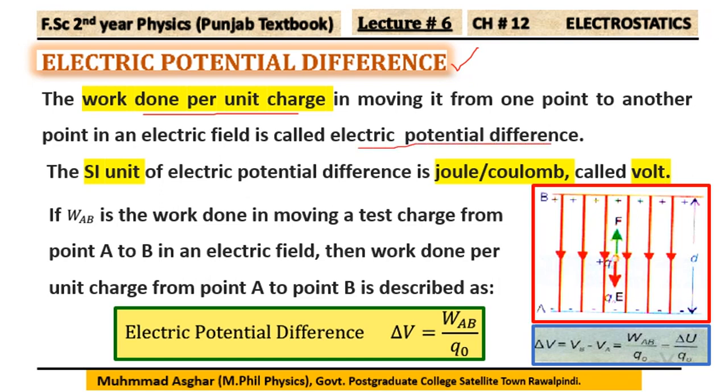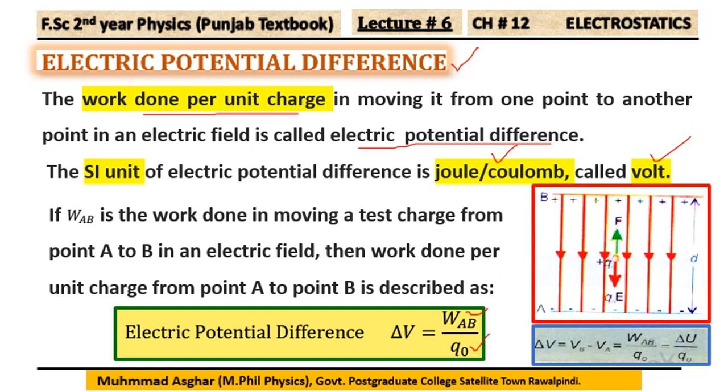What is the unit of electric potential difference? It is joule per coulomb, because we are defining it work done per unit charge. Unit of work is joule and unit of charge is coulomb, joule per coulomb, which is also called volt. So volt can be defined here.